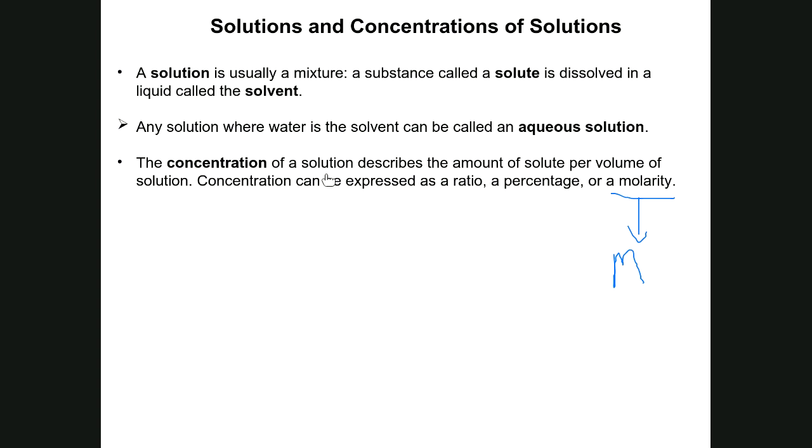It often goes by the symbol M, or more specifically, when you apply it to a calculation you have to perform, you can rewrite that uppercase M as moles per liter. They're one and the same. They both mean molarity.